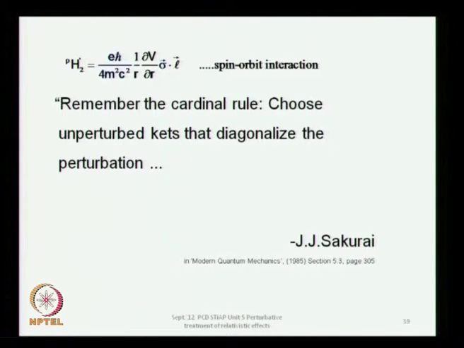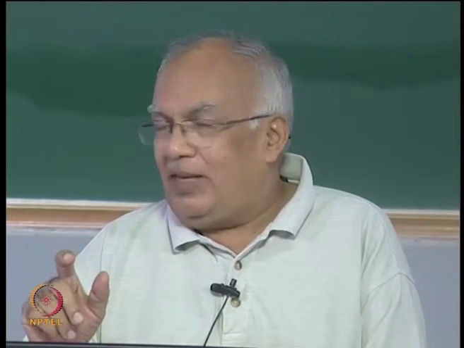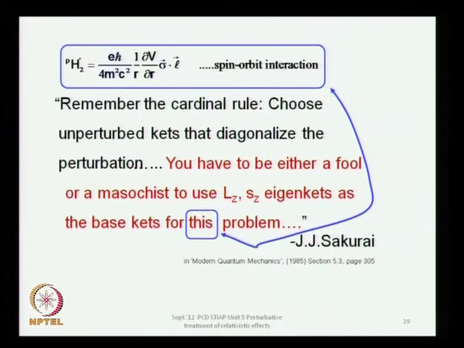Now the perturbation that we have is sigma dot L. What kets will diagonalize this is the question that becomes pertinent, and in this context the rest of the quotation by Sakurai is this one, that you have to be either a fool or a masochist to use L, S, Lz eigenkets as the base kets for this problem.